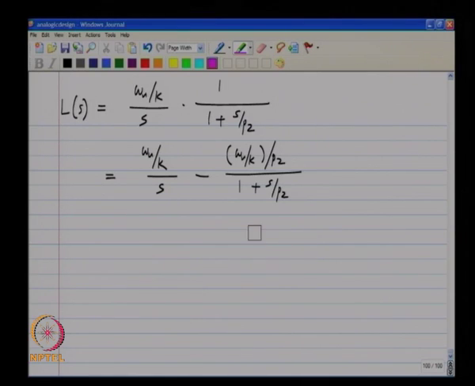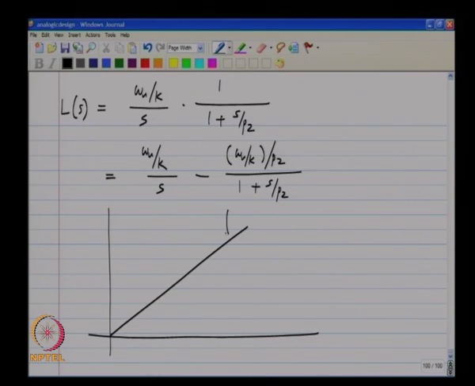The step response of the first part we already know. It is a ramp whose slope is omega u by k, and the step response of the second part is the step response of a first order system, which has the form 1 minus exponential minus p 2 t.